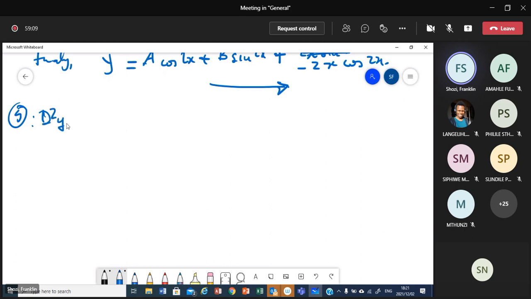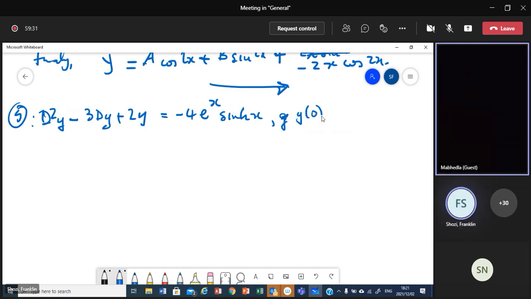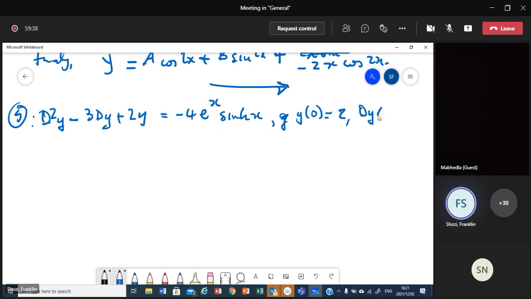It's d squared y minus 3 dy plus 2y equals minus 4e^x sine of x, given that y of 0 is 2, and dy of 0 is 0.